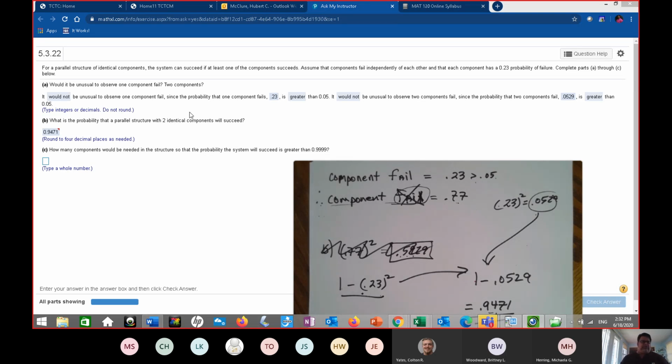What is a component? Is that like a piece? I would assume it's a piece. This is a vague question. I don't like this question. How many components would be needed in the structure so that the probability the system will succeed is greater than 0.99?